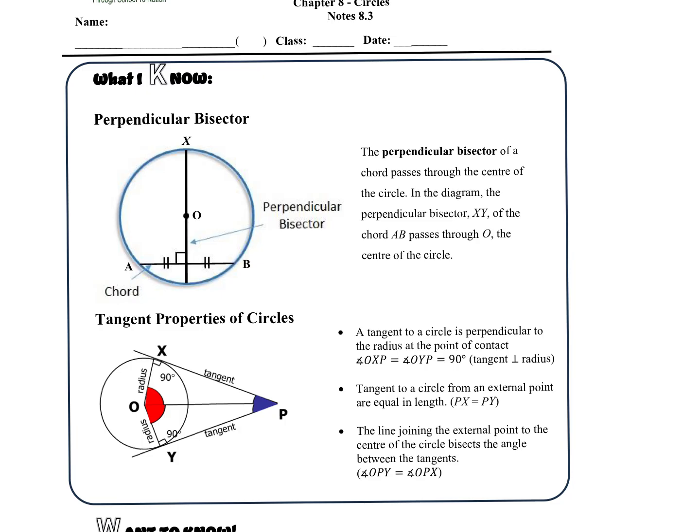First is the meaning of perpendicular bisector. When you have a perpendicular bisector, it is perpendicular to the line and then it bisects it into half. So when I say I have a perpendicular bisector, it always cuts your chord at the midpoint here.